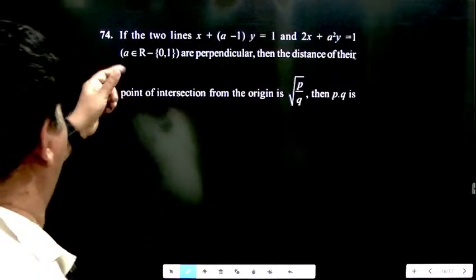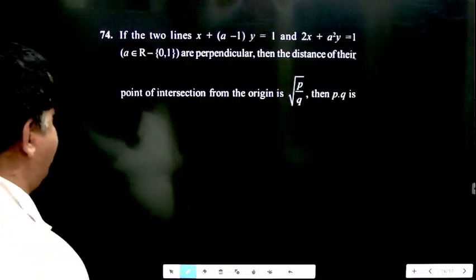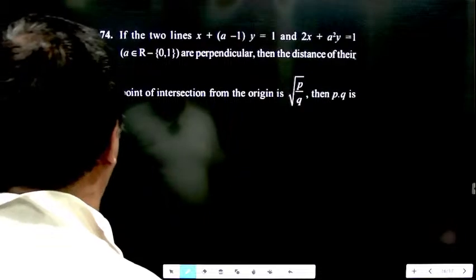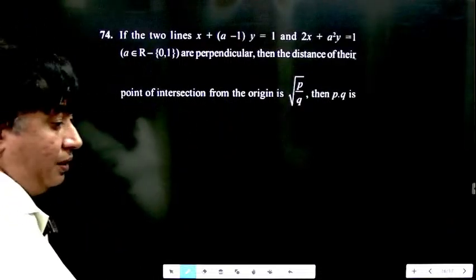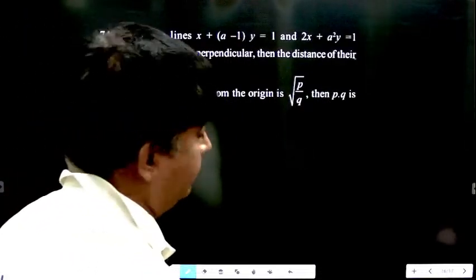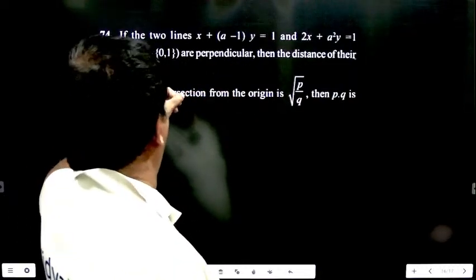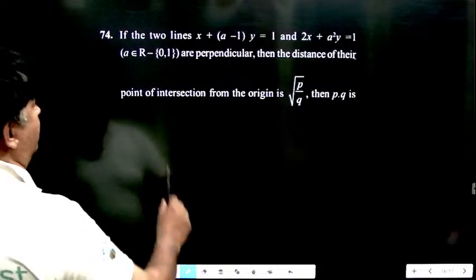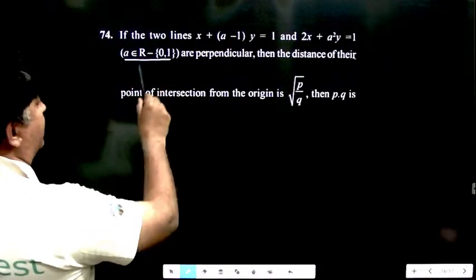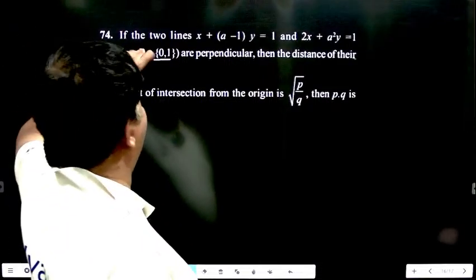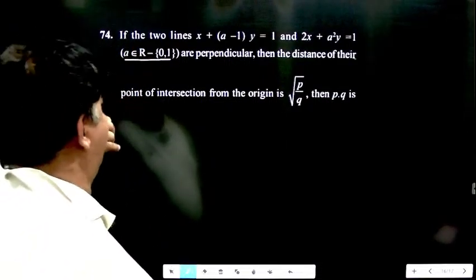Now, you observe this sum. What is given? If two lines, this and this, are perpendicular, you can ask me why this condition is given. At the beginning, it is very difficult to comprehend why it is given.